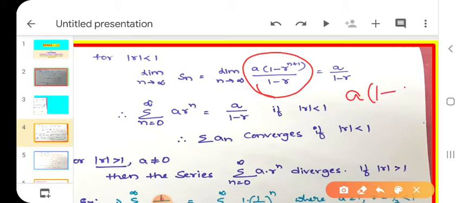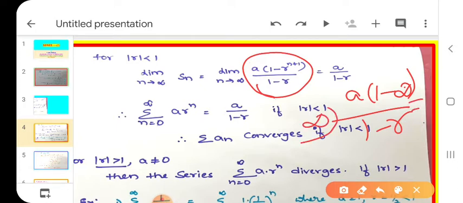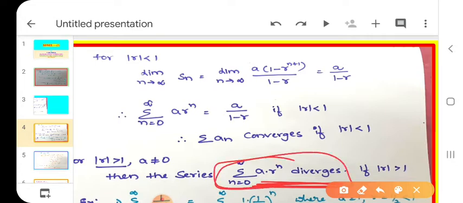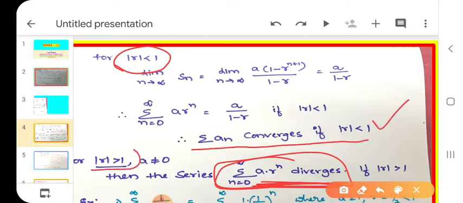That means some 2 power infinity, 3 power infinity, 100 power infinity. What we get? Infinity by 1 minus r. If you have infinity in numerator, what is the value of that one? Infinity. Therefore, the limit value of Sn is infinity. That means what we write here? The given series diverges. If mod r less than 1, the given series is convergent. If mod r greater than 1, the given series is divergent.